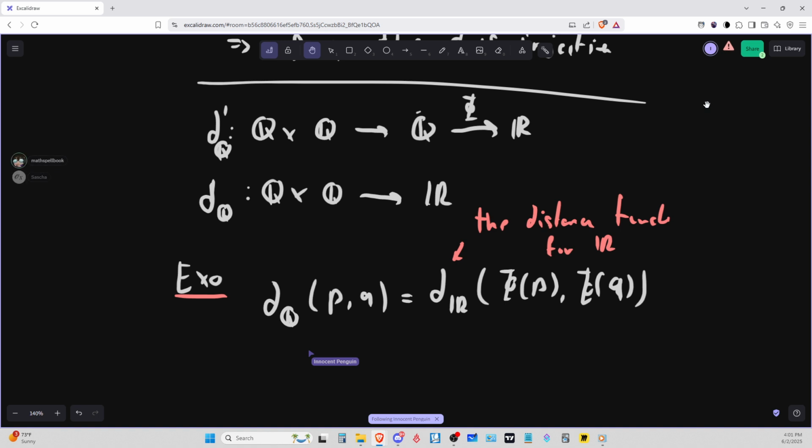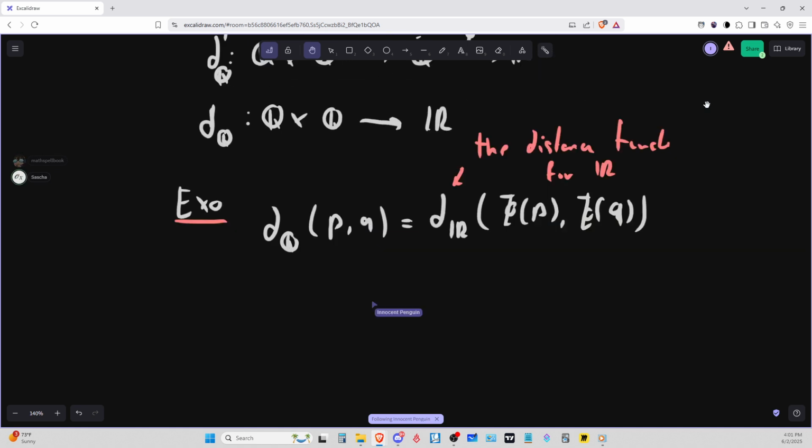And this will be important because if I have a Cauchy sequence inside of the rational numbers, then it will automatically be a Cauchy sequence inside of the real numbers using these properties. All right, and it's pretty much what I wanted.